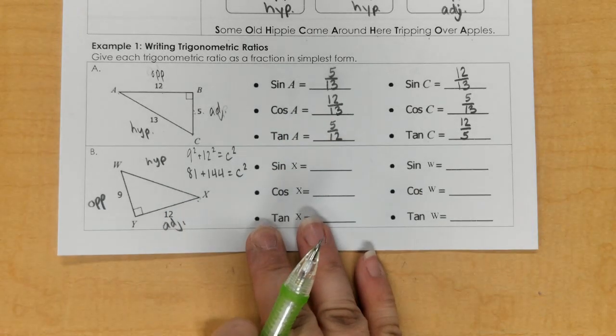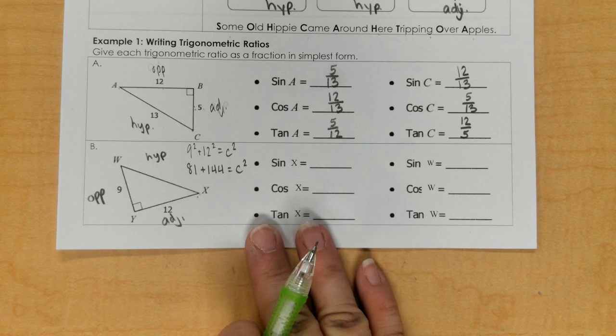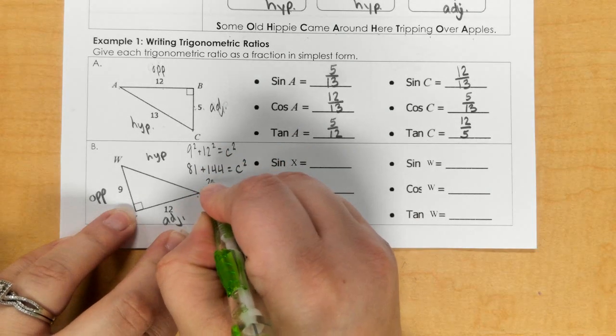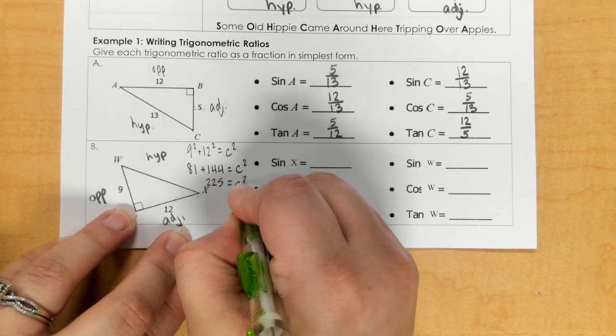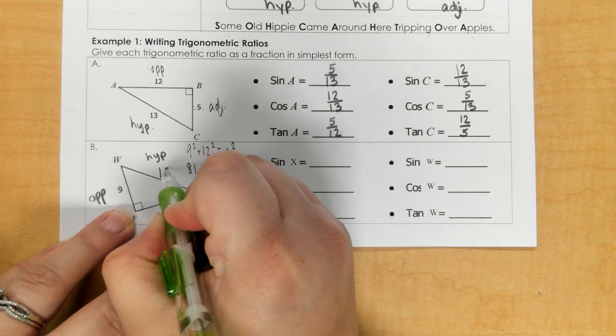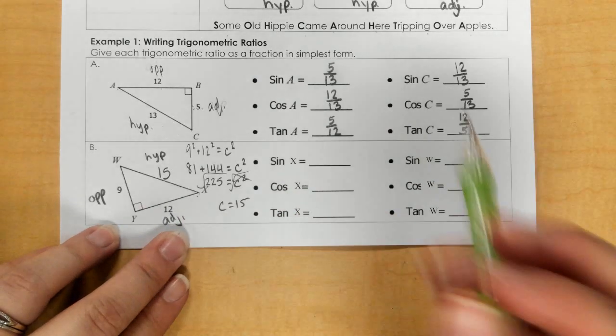If we solve this, we get 225, and the square root of 225 is 15. So my hypotenuse is 15.